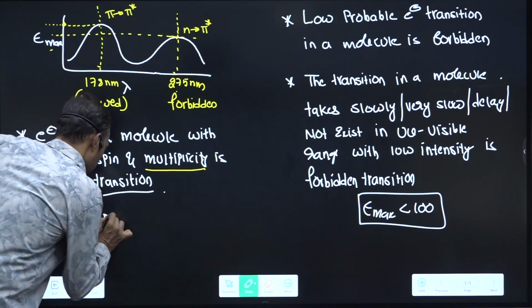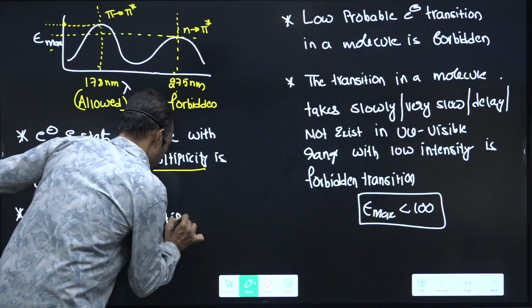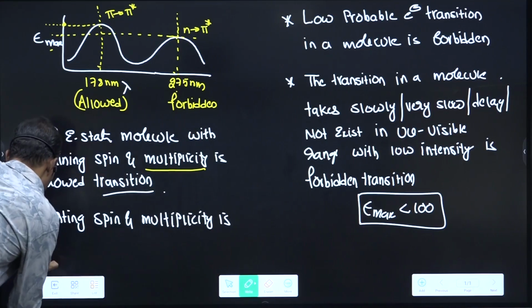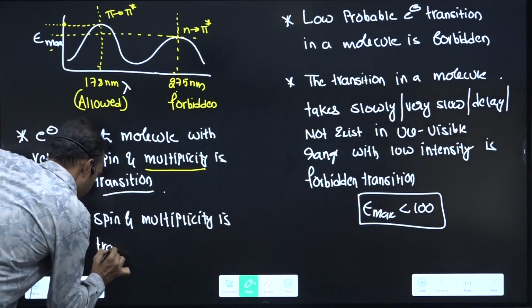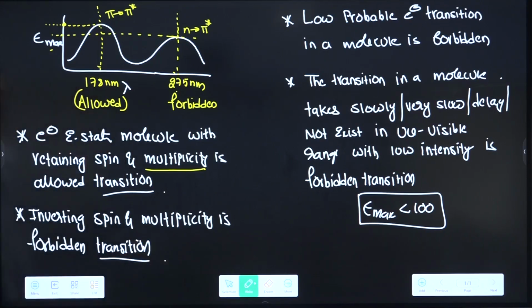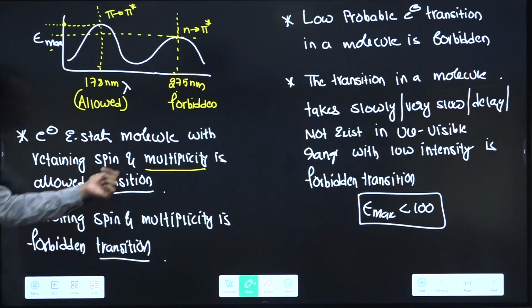Inverting spin and multiplicity is a forbidden transition. An electronic excited molecule with retaining spin, clockwise to clockwise, anti-clockwise to anti-clockwise, with the same multiplicity, singlet to singlet, is allowed.